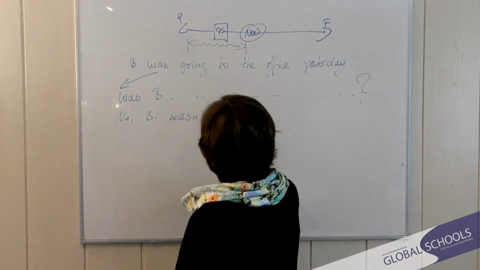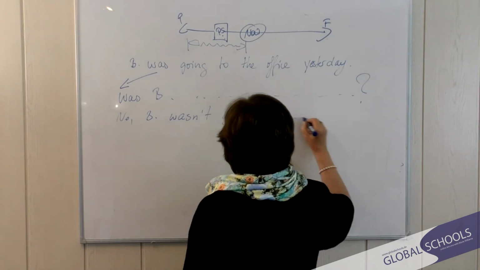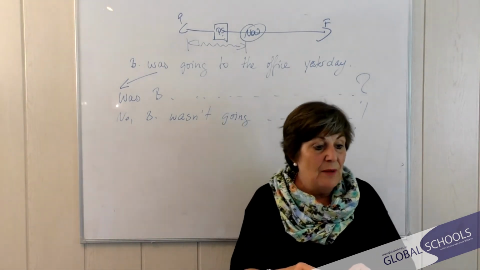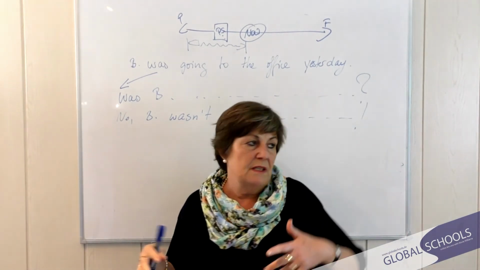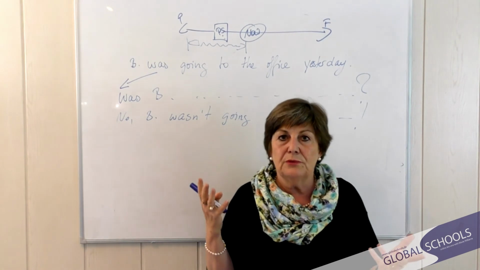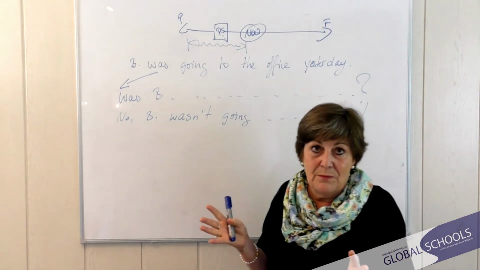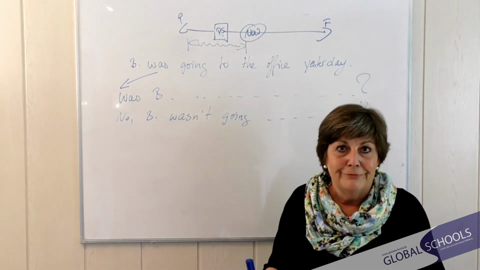Okay, Barbara wasn't. Sorry, guys. Barbara wasn't going to the office yesterday, and I'm inflecting. Maybe she tried to go first, but then she changed her mind. It was a long process. Maybe she had fever. Maybe she was sick. I don't know what was happening with Barbara, but she wasn't going to the office.